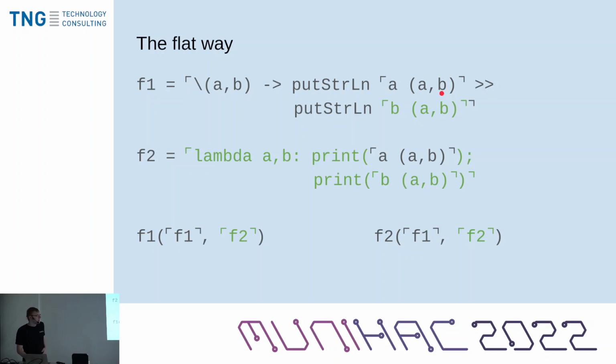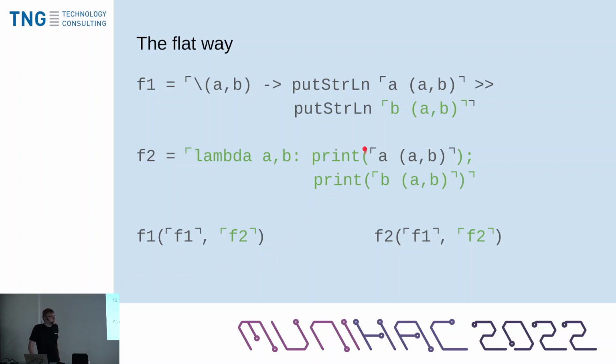The flat way is maybe a bit more straightforward. Instead of using the normal Y Combinator, we modify it to take a pair. So if you think of f1 as a Haskell function that takes A and B and prints one, A applied to the pair AB and B applied to the pair AB, and you do an equivalent function in Python, and you try to evaluate f applied to the source code of f1, f2, then you will get the solution to the original program of programs P1 and P2 that both print P1 and P2.